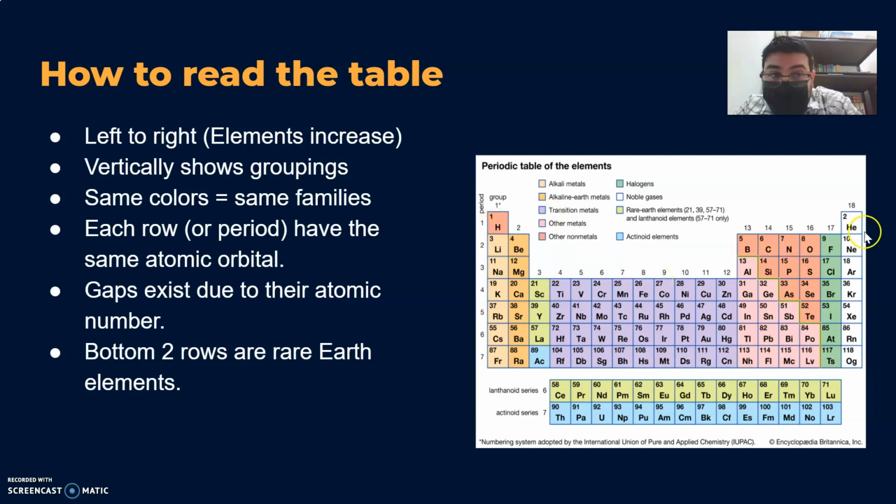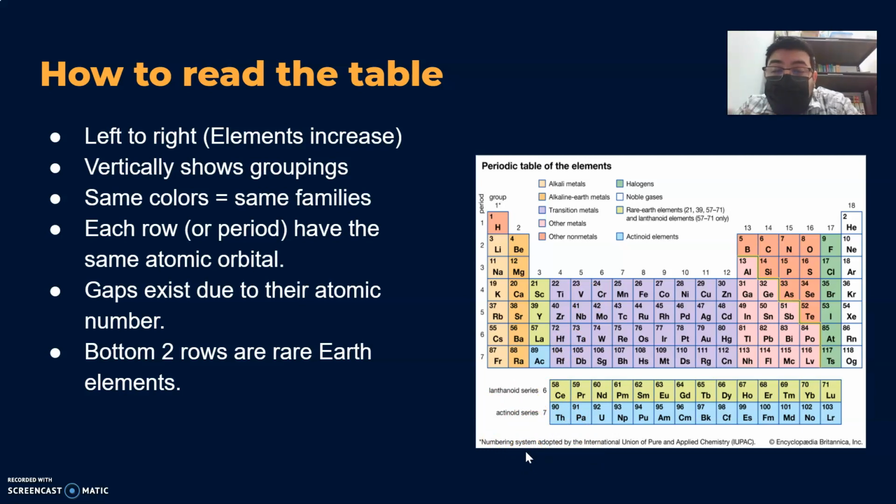Each row, which is left to right as you normally read, means they have the same atomic orbital. So row 1 or row 3 has the same orbital. Gaps exist due to their atomic number. And then the bottom two rows are rare earth elements, the lanthanoids and actinoids.